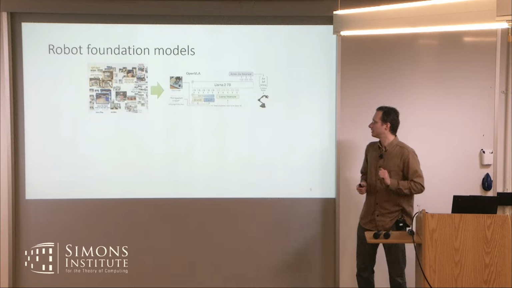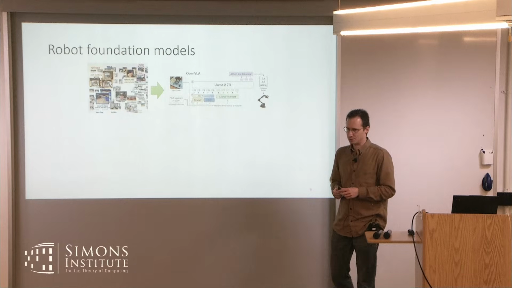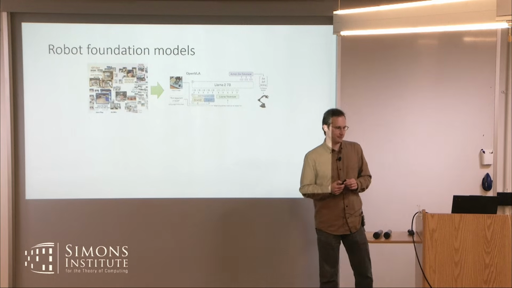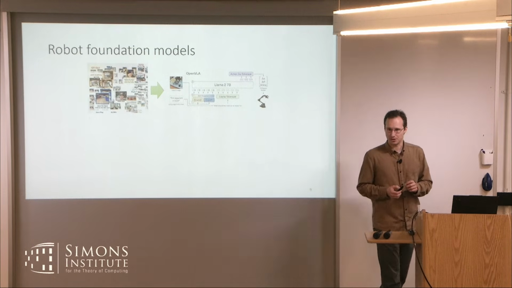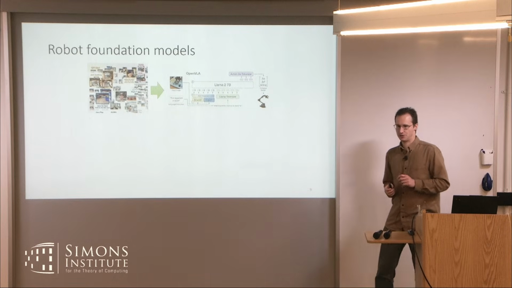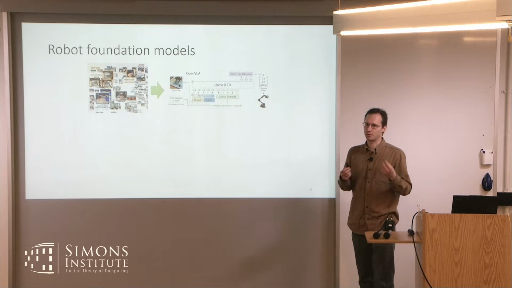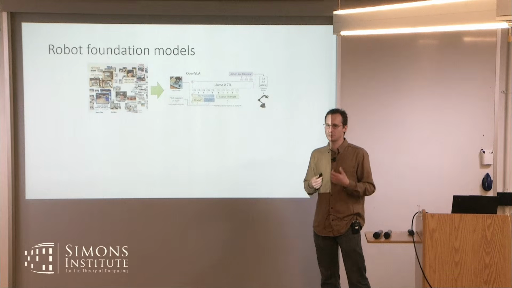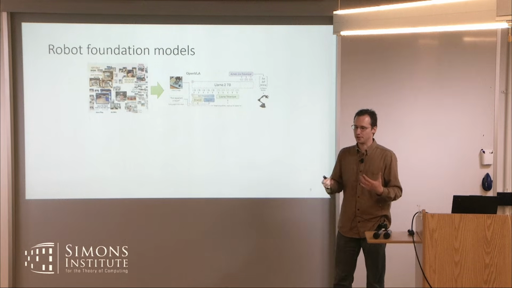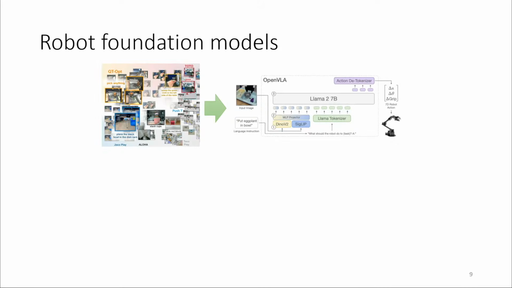What's the idea? Well, the idea is that if you want general purpose robots that can do lots of stuff, you would like them to be able to understand diverse instructions and carry out lots of tasks. And if you want to do that successfully, then you need to train them on lots of data. And you also want to make sure to pre-train them on data from the web that allows them to understand images and language.